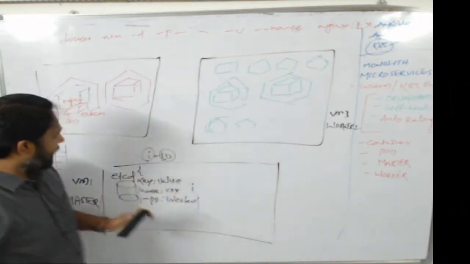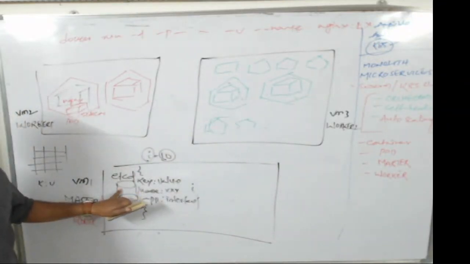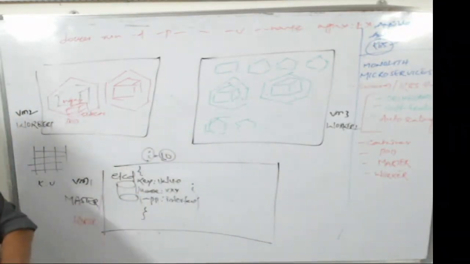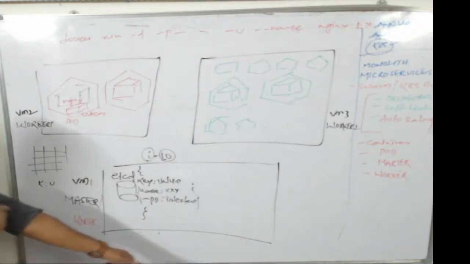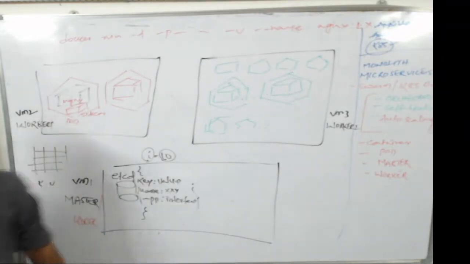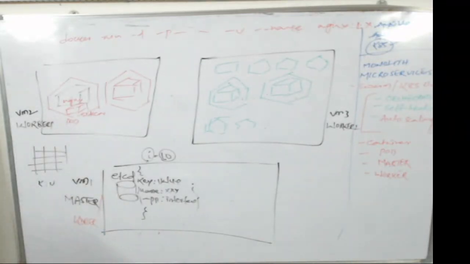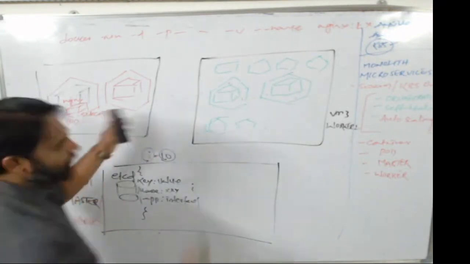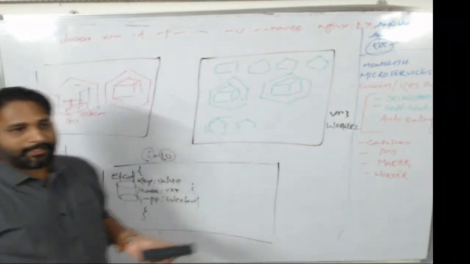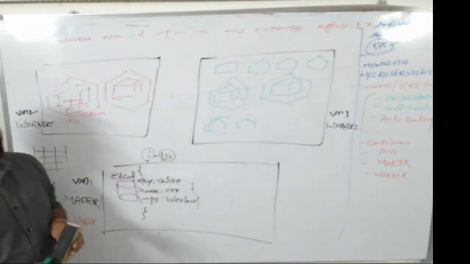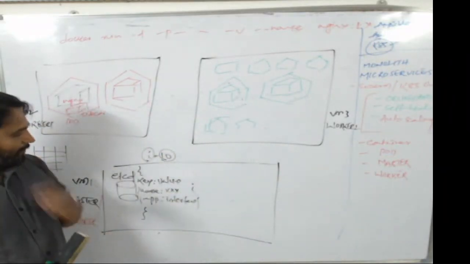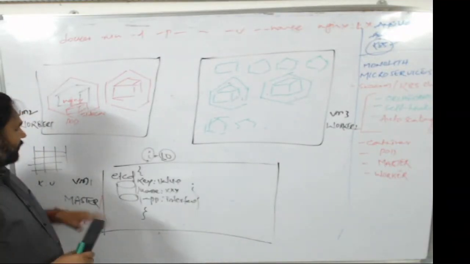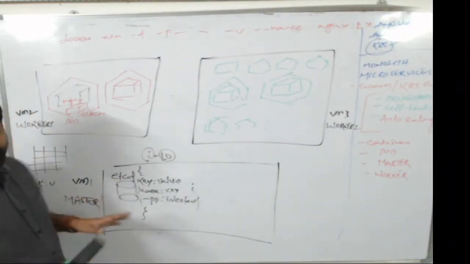Everything related to Kubernetes is stored in etcd. That's the heart of Kubernetes. If you don't have etcd, there's nothing. You don't know what's happening in Kubernetes or the current state of Kubernetes. So you have etcd on the master.